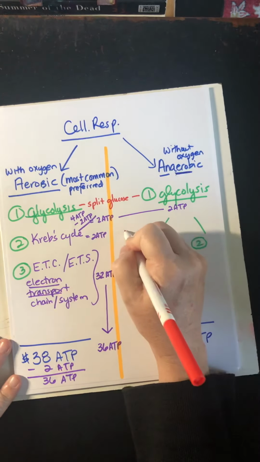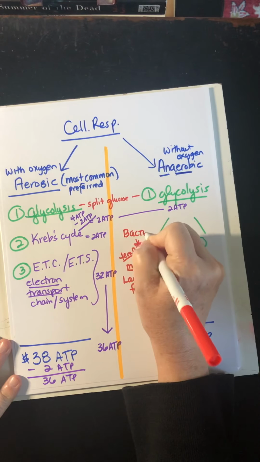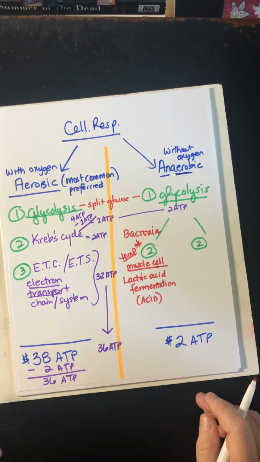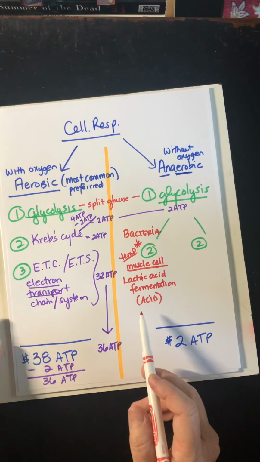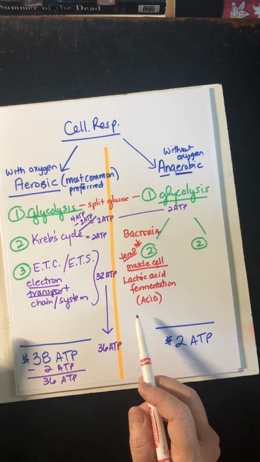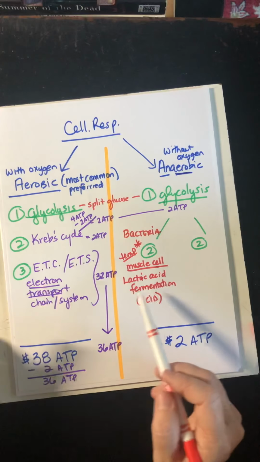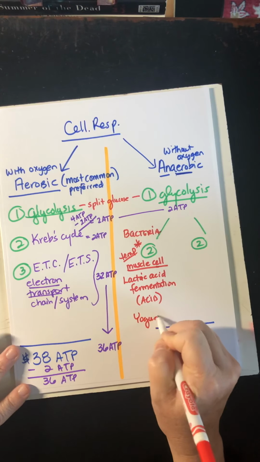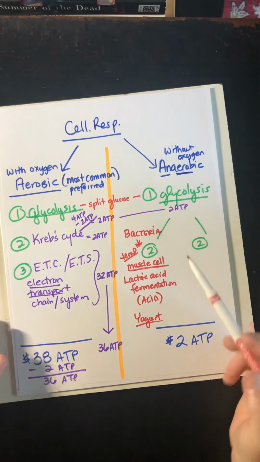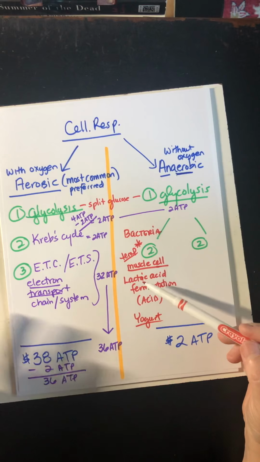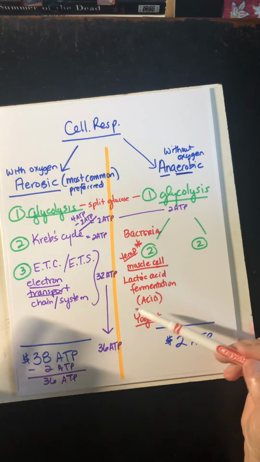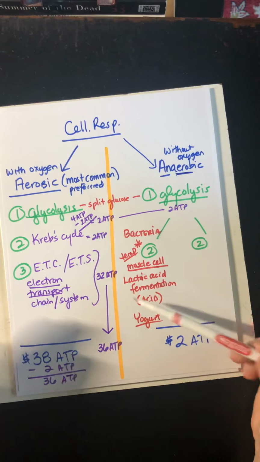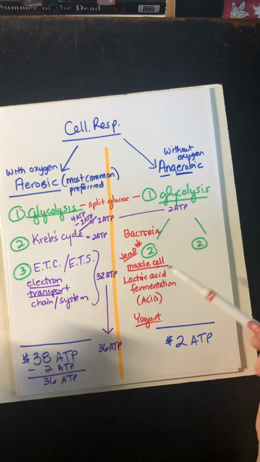The other cells that can do this, bacteria can do it, all right? And bacteria, if you shut off their supply of oxygen, they'll just shift into fermentation, and they can actually use this process and make yogurt. So when you eat yogurt, you're actually eating bacteria that have been trapped with sugars and milk and fruit, and the bacteria eat them and release this lactic acid, and it turns all of that into yogurt.